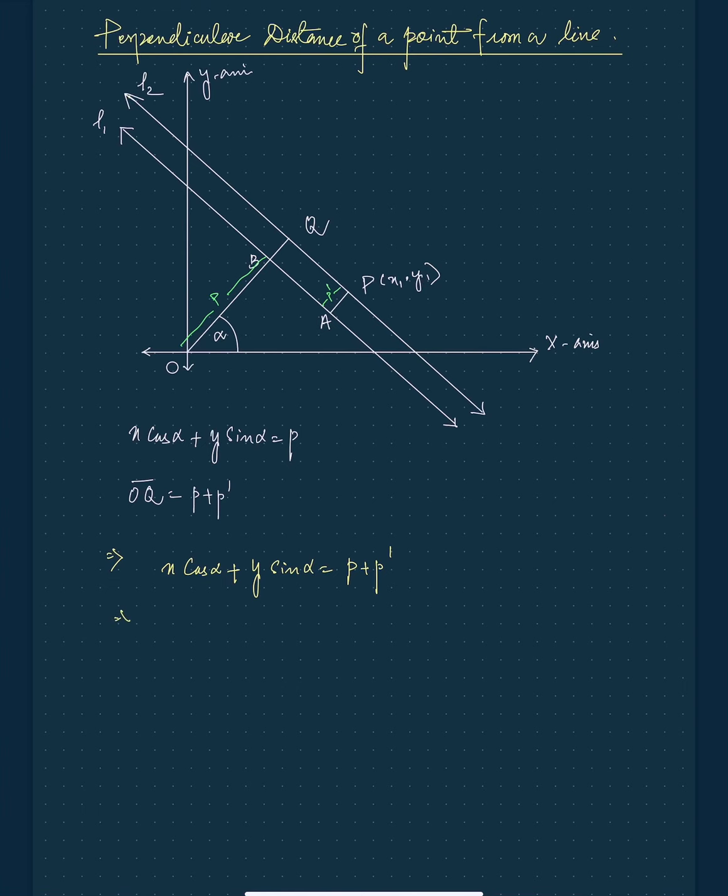Now if you want to know the length p dash, bringing p to the left-hand side, it is x cos alpha plus y sin alpha minus p. This will be the required solution for finding this distance, p dash.